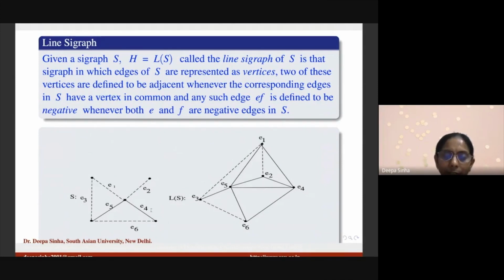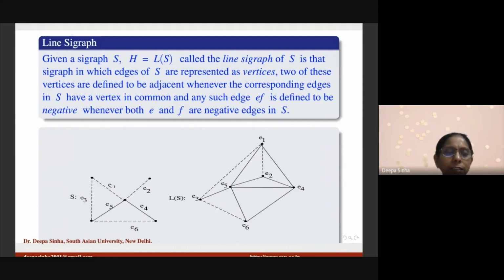And what is L(S) of this? You take all the edges over here as the vertices. This is S, and this is the L operator of S. So E1, E2, E3, E4, E5, E6 are the edges out here; you take them as the vertices and join two vertices only when these edges are adjacent in S. So E1 and E3 will be joined because they are adjacent to each other.